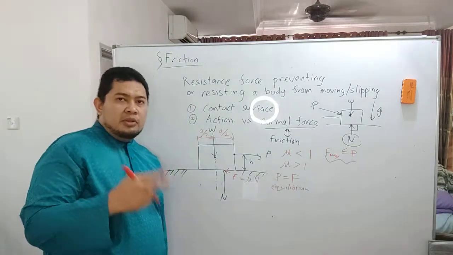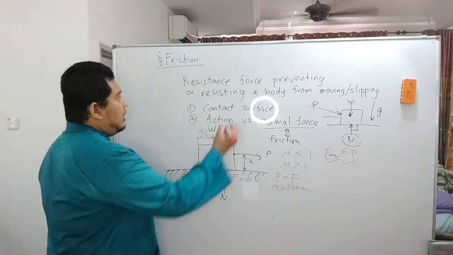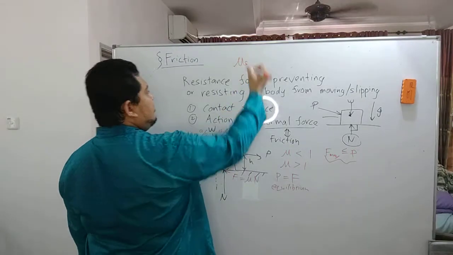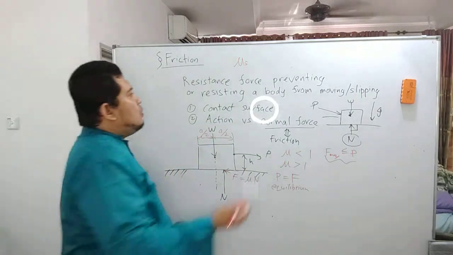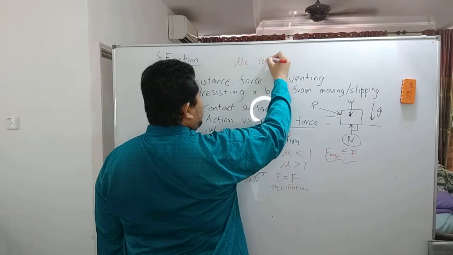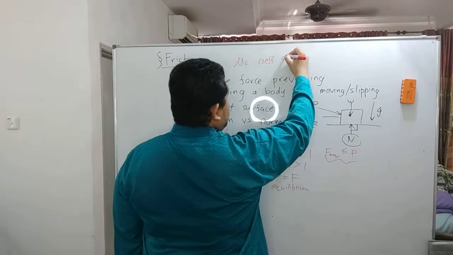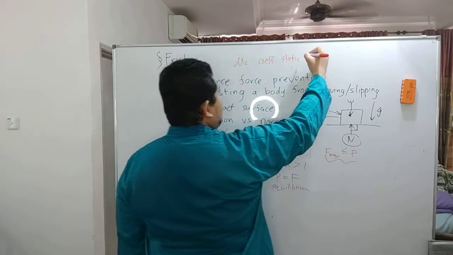So you have two different types of coefficient of friction. One is static, mu s, the coefficient of static friction.